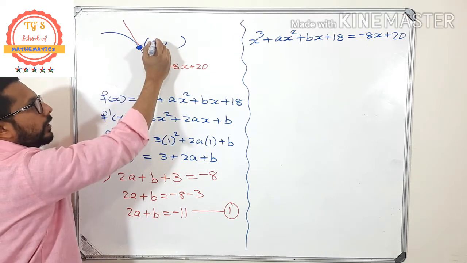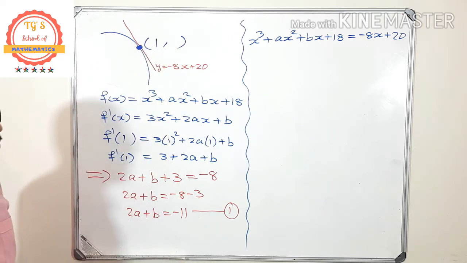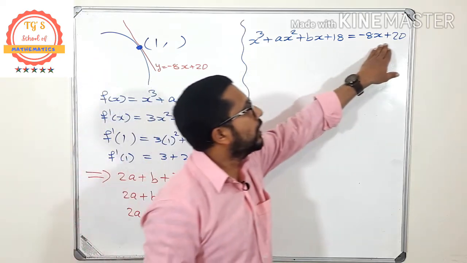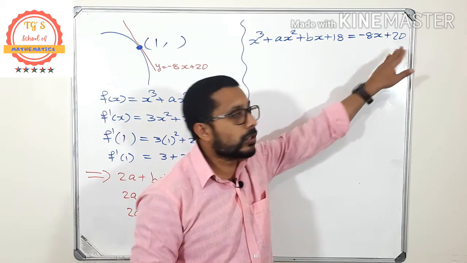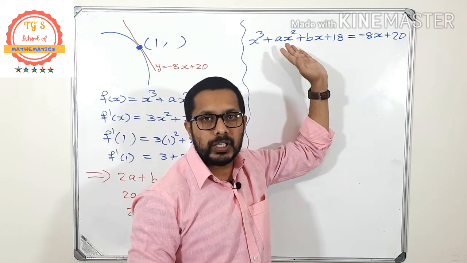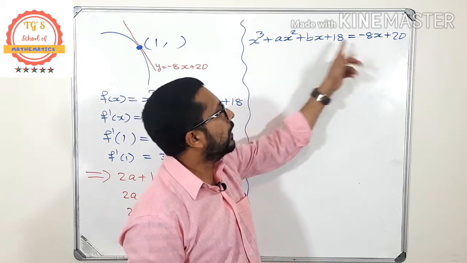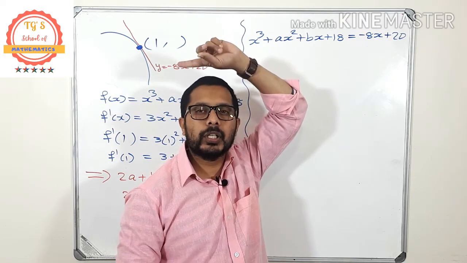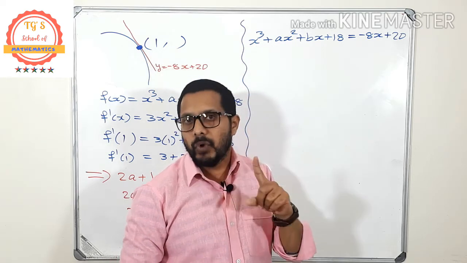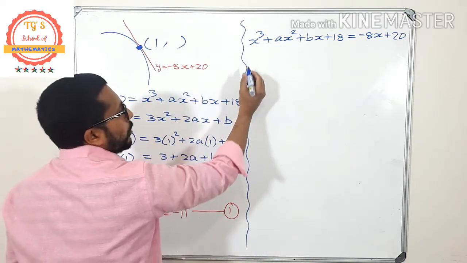It is given in the question, that is 1. Okay, so it means that here we can substitute the value of x as 1, because we are talking about that particular point. That is why we can write this one is equal to this one. Okay, and also we know that at that particular point the value of x is 1. Okay, so I'm going to substitute here.